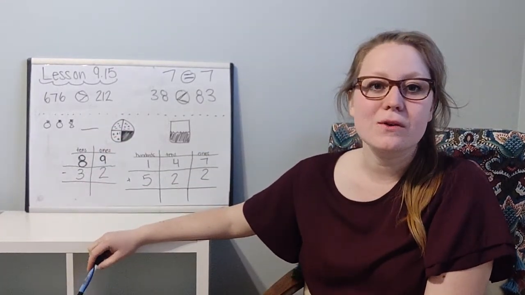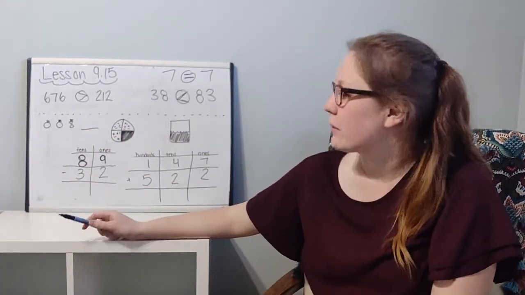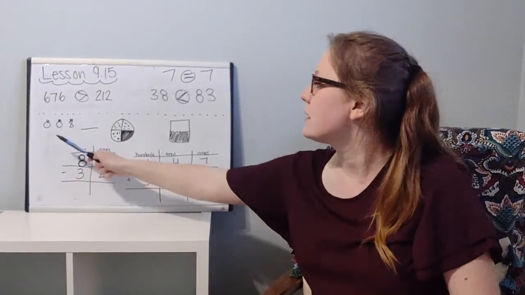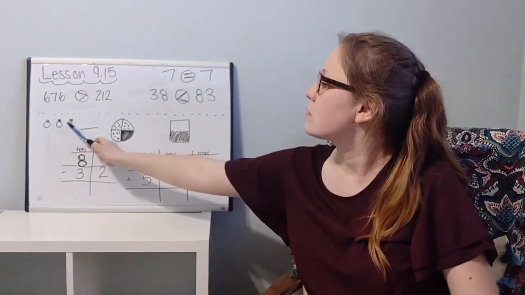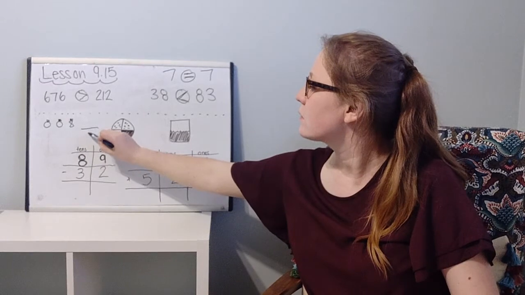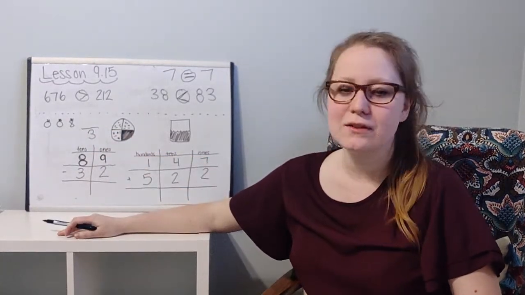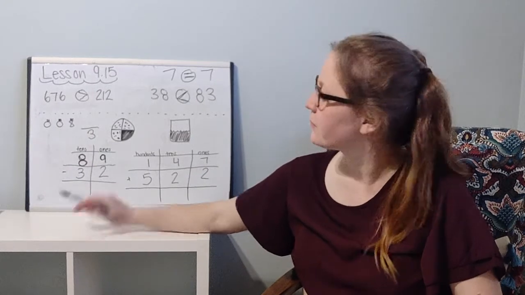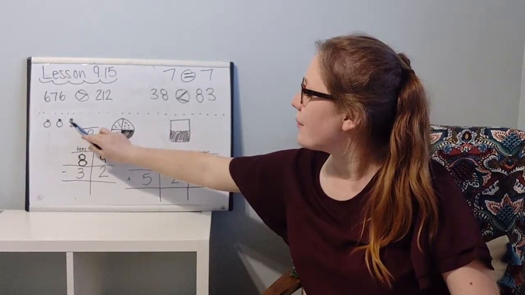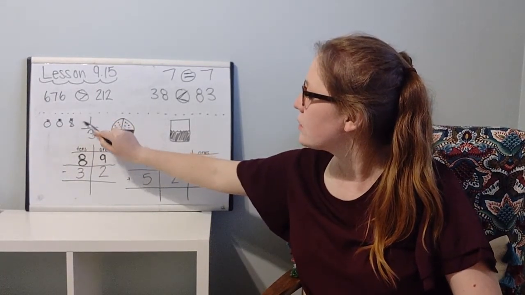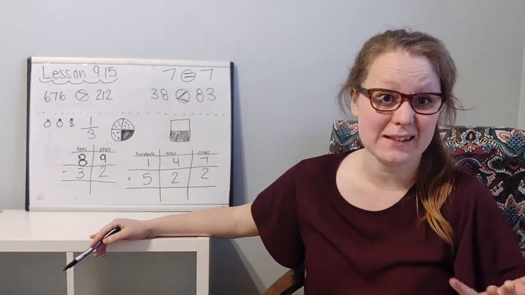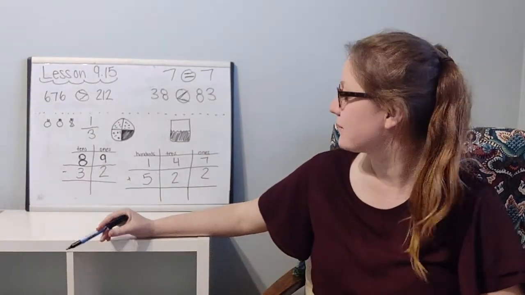The bottom number is always the total amount of pieces, right? So here we have 1, 2, 3 pieces. 3 goes on the bottom. And how many of these apples were eaten? There's only 1 apple eaten, so only 1 goes on the top. That's what I was trying to figure out, how many were eaten.